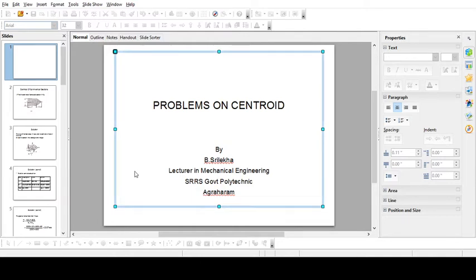Next, similarly, the last rectangle, the smaller one at the top. Its value is 50 by 15 and the area is 750. Now the x term is simply L by 2.